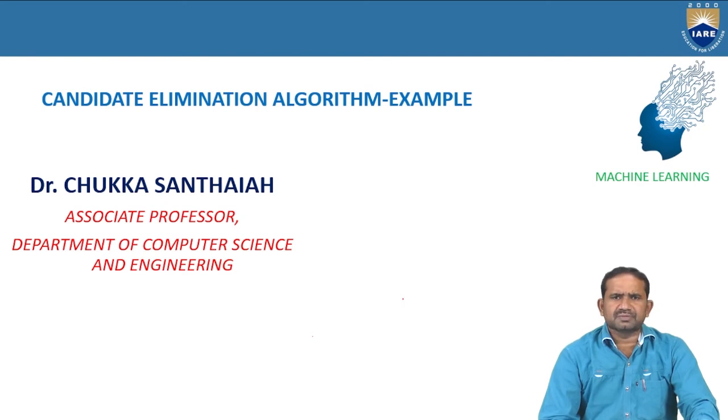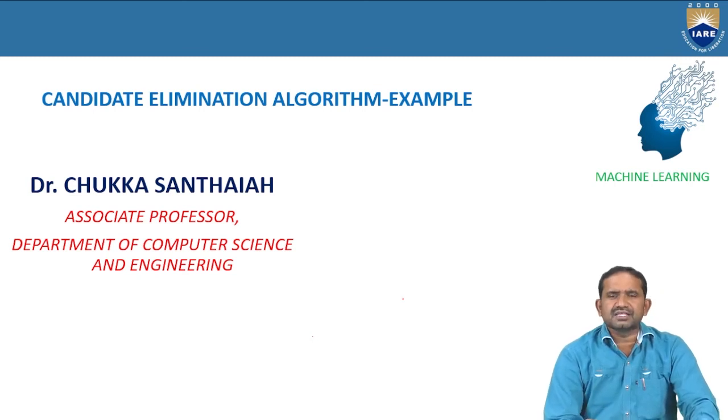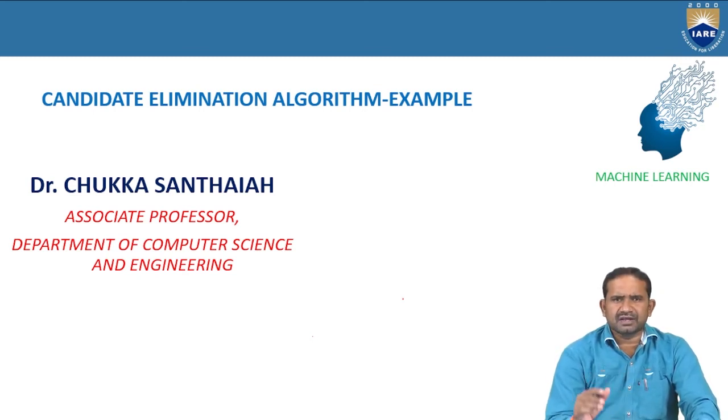Why? Because it plays a major role in general hypothesis analysis. Candidate elimination provides the analysis of what type of data sets, what type of input values, what type of training examples there are, either positive or negative. It must be considered in the hypothesis analysis.